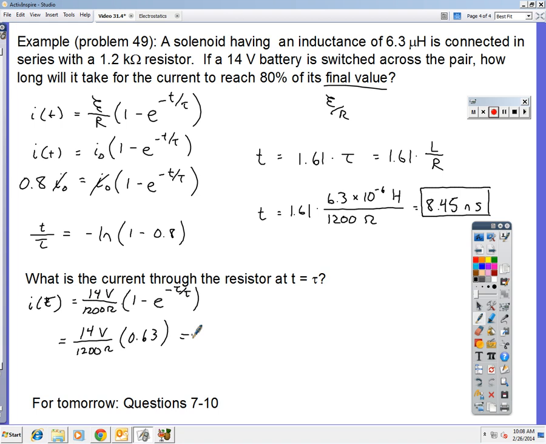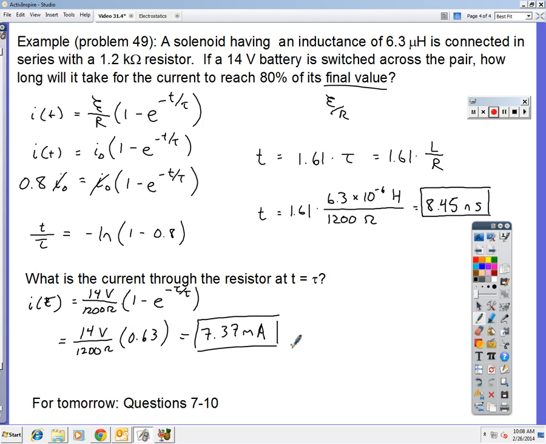And the current at that time is 7.37 milliamperes. And keep in mind the time constant is something like 6 nanoseconds, so it doesn't take very long to rise to its final value.